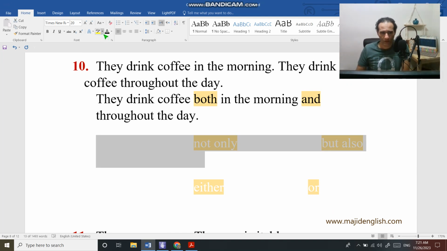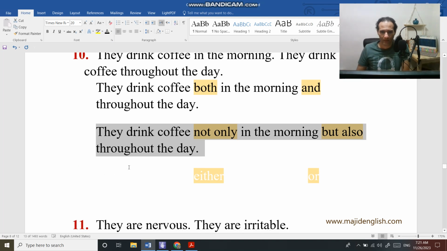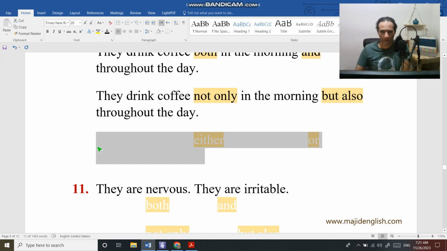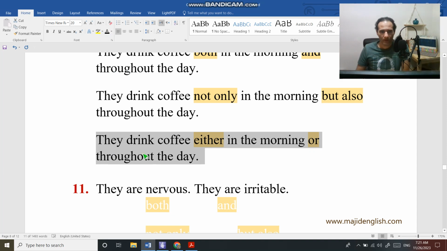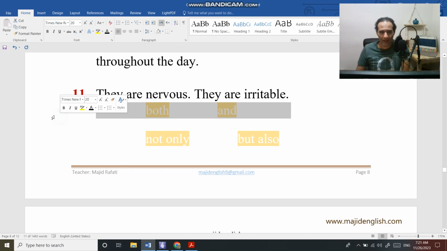They drink coffee not only in the morning but also throughout the day. Also, we could go either or. Maybe they have just either of these times. So they drink coffee either in the morning or throughout the day. Possible? They're nervous, they're irritable. So two adjectives. They are both adjective and adjective.